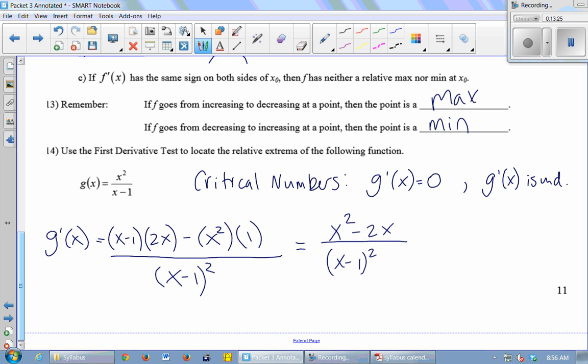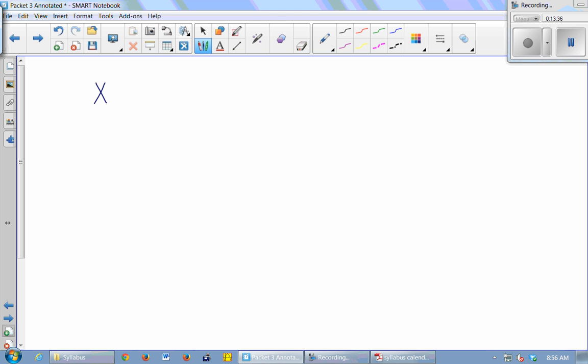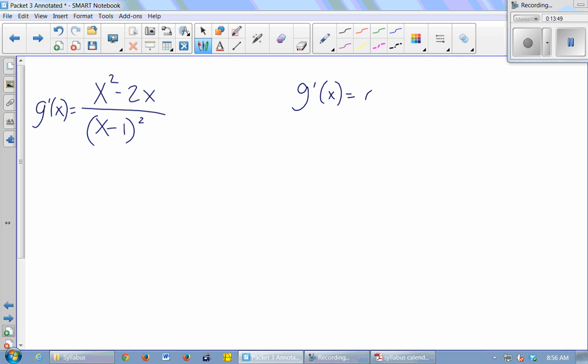All right, so I have two questions I need to answer to find the critical numbers. Where is this thing equal to 0, and where is this thing undefined? x squared minus 2x over x minus 1. Okay, so if I'm going to set it equal to 0, where is a fraction equal to 0?